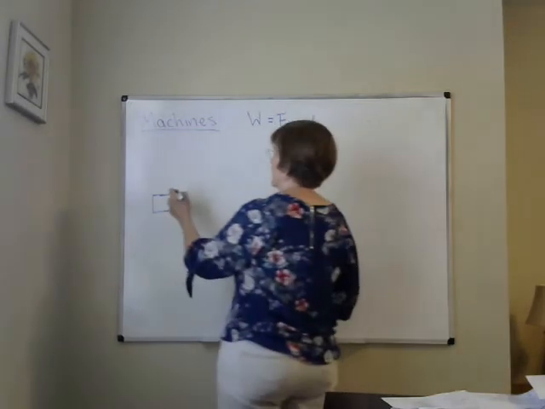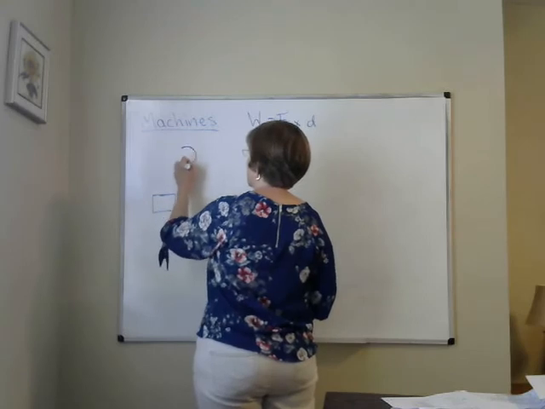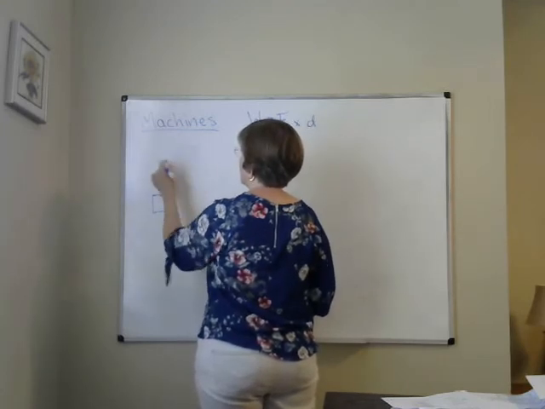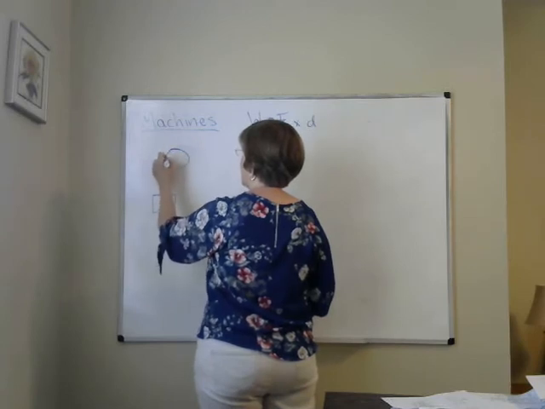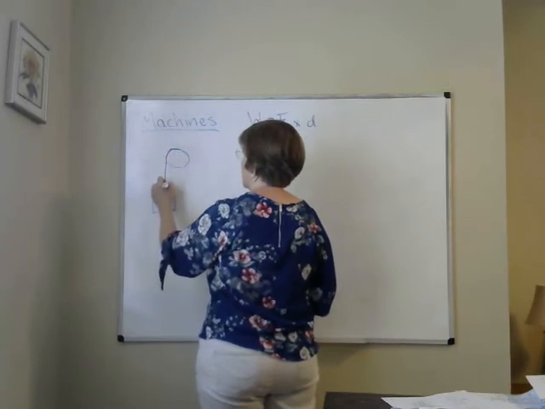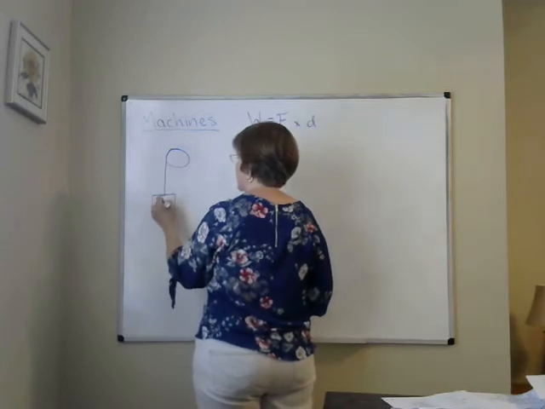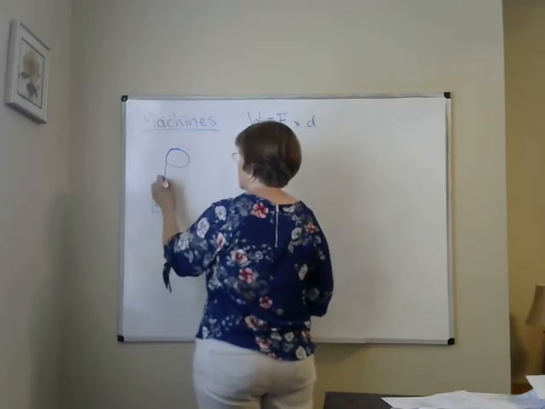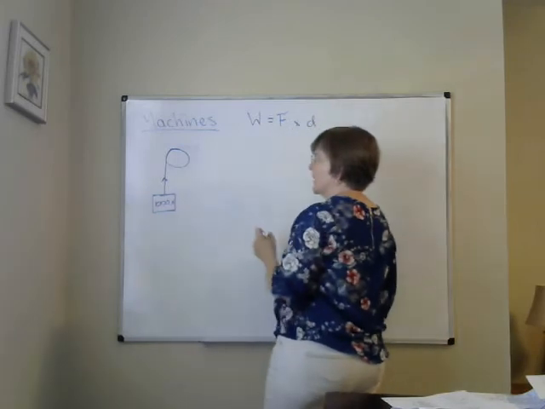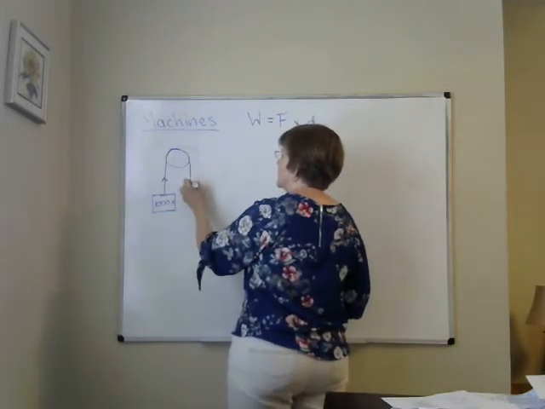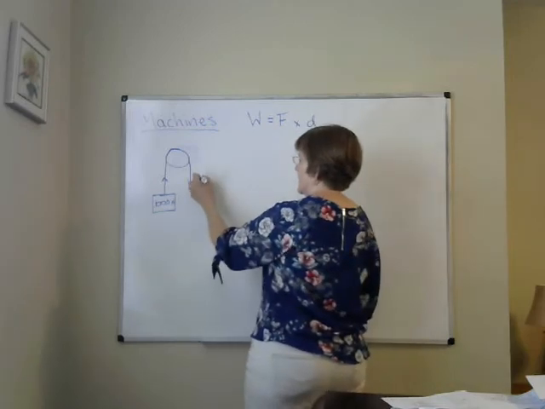However, if I have a pulley, I know that this is 1,000 newtons. So I'm going to have to pull up with 1,000 newtons. But if I put a pulley, I can pull down with 1,000 newtons instead.